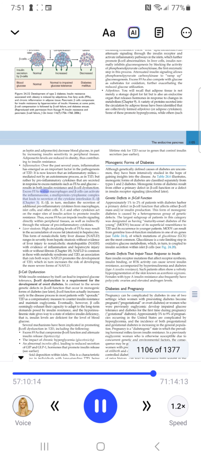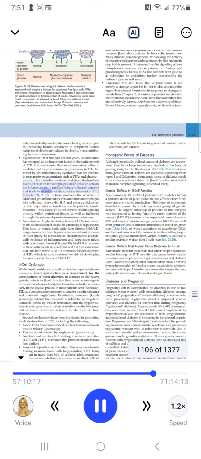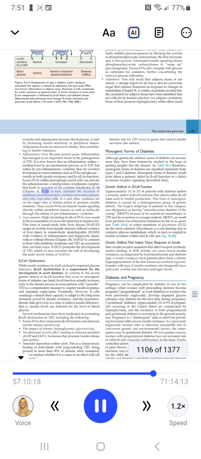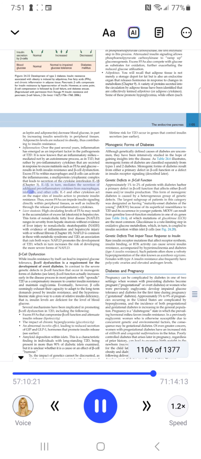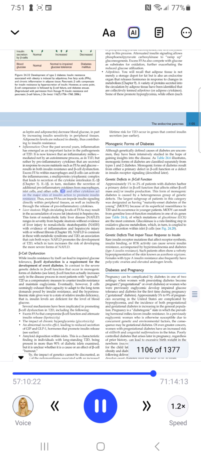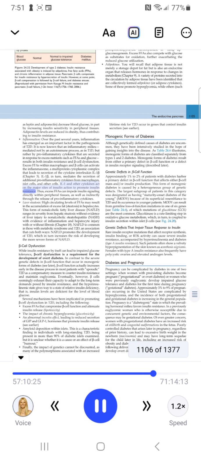Excess FFAs within macrophages and beta cells can activate the inflammasome, a multiprotein cytoplasmic complex that leads to secretion of the cytokine interleukin IL-1 beta, Chapter 3. IL-1 beta, in turn, mediates the secretion of additional pro-inflammatory cytokines from macrophages, islet cells, and other cells. IL-1 and other cytokines act on the major sites of insulin action to promote insulin resistance.